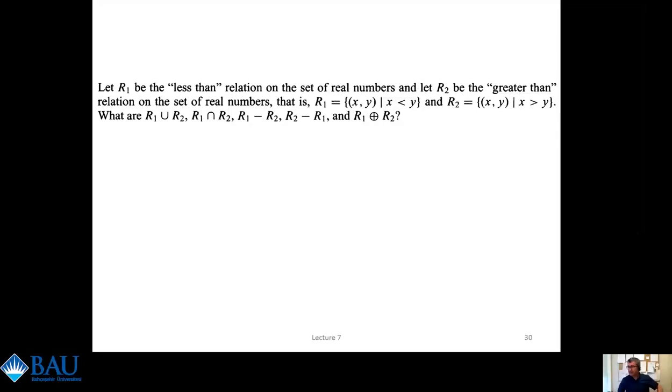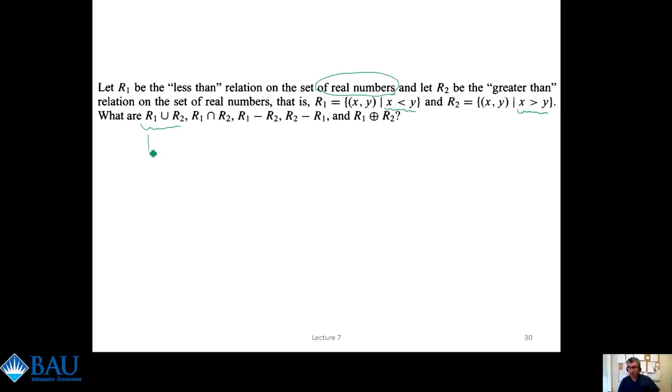Next example: we have two relations, both defined on the set of real numbers. Relation R1 is all pairs (x,y) such that x is less than y. R2 is the relation where x is greater than y. Now, what do you think about the union? R1 says all x less than y, R2 says all x greater than y.